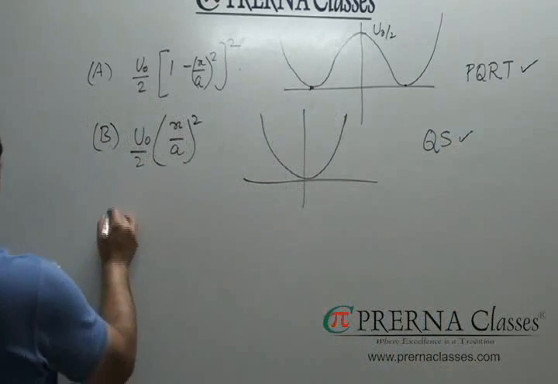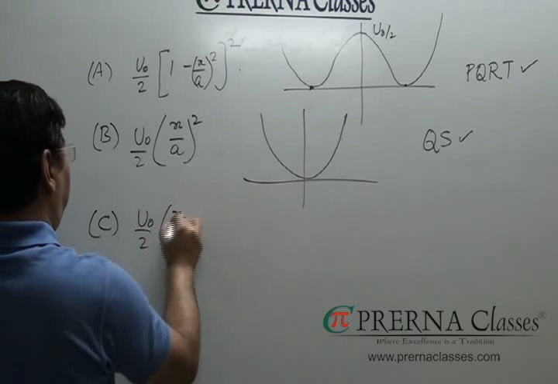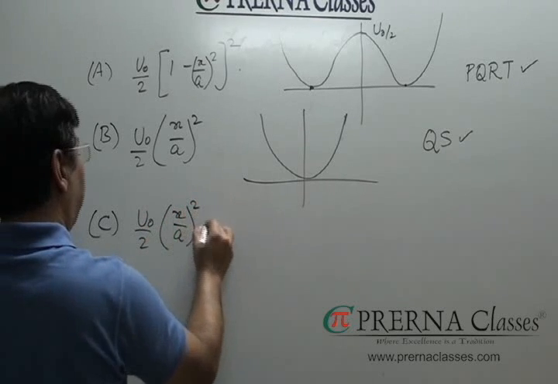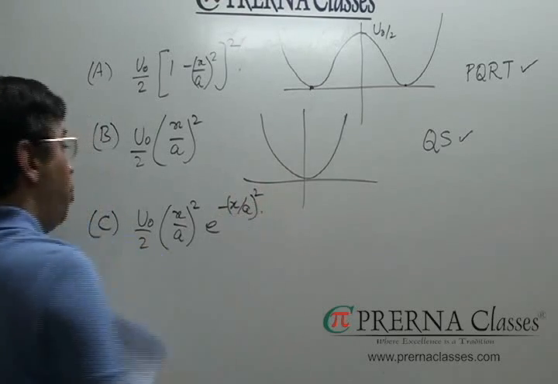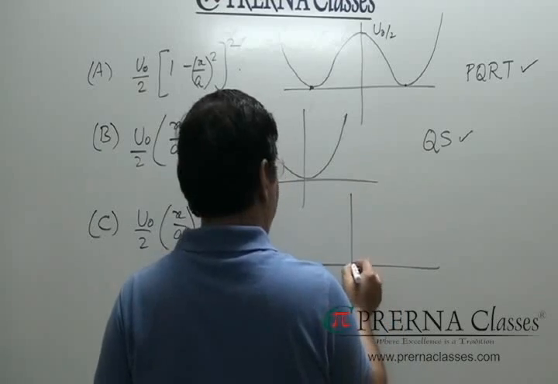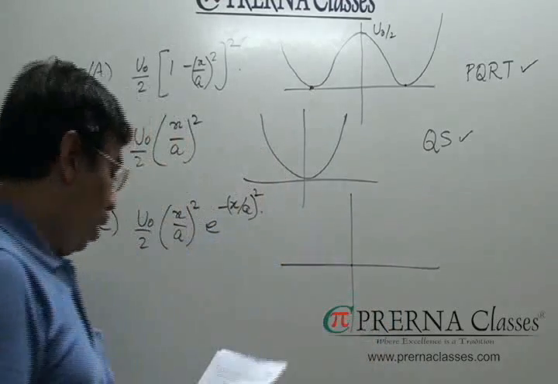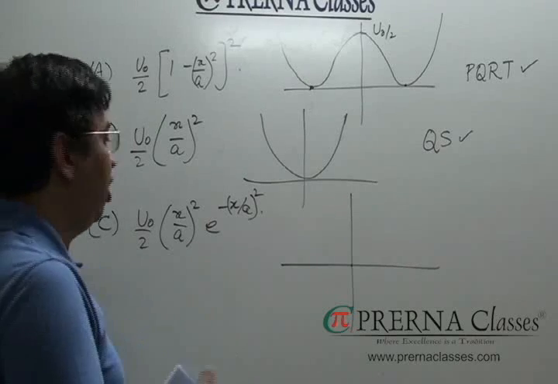For the third option, the potential energy was given as this. Once again, we can easily see that the potential energy is going to be 0 at the origin, and as I increase the value of x on either side, the potential energy increases.